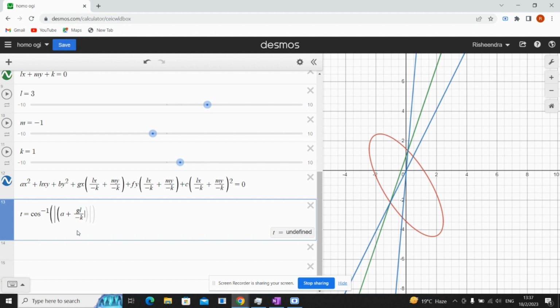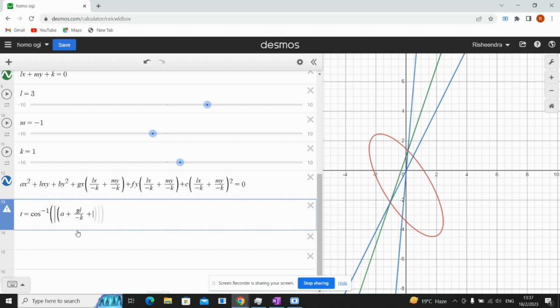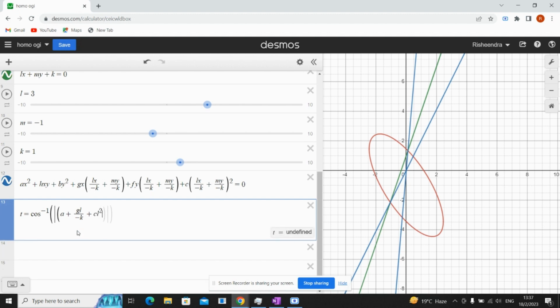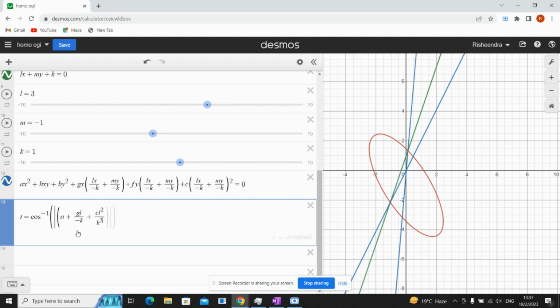Then the other plus c. You can see, right? c into x, cl square x over k square. c l square over k square.